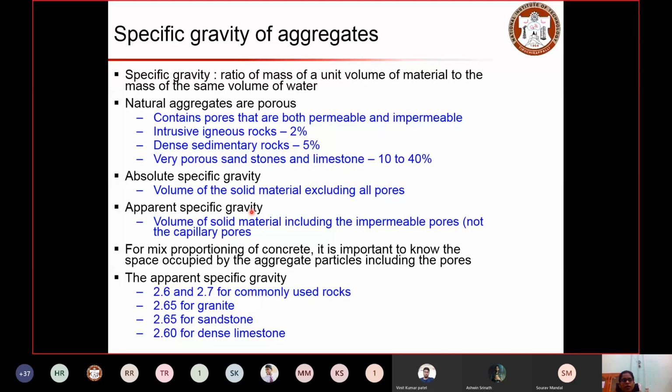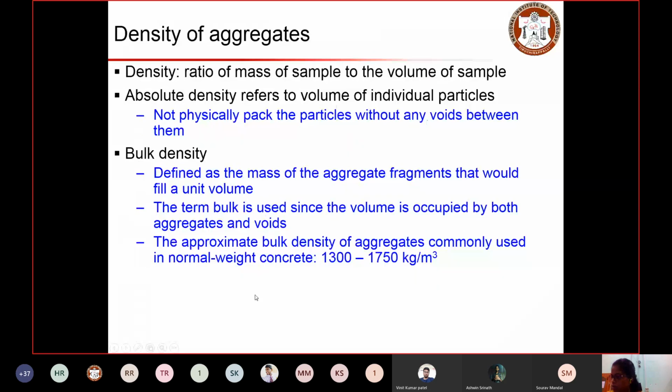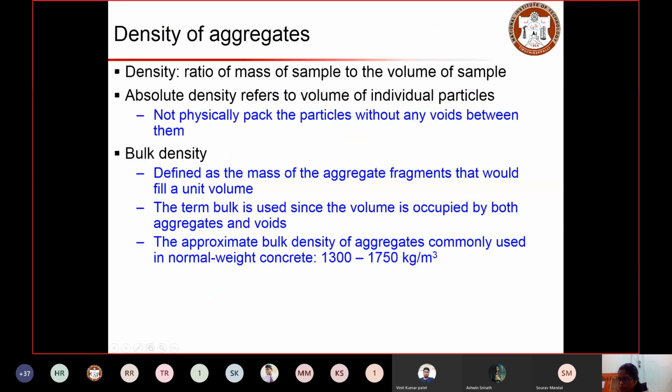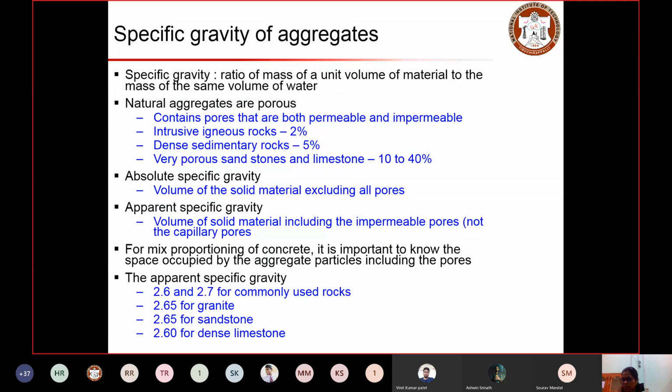The term particle packing indicates the maximum possibility of placing aggregates in a certain volume.